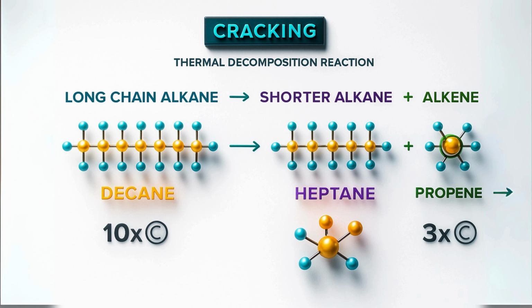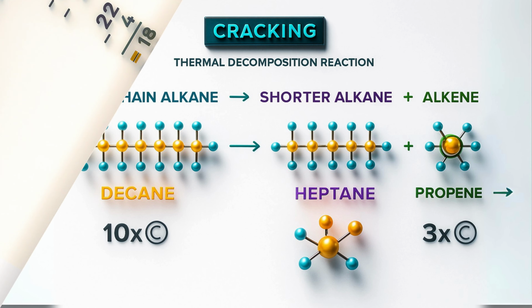Therefore, the second product must contain a double bond, which makes it an alkene, not an alkane. Although alkenes may seem like side products, they are actually extremely valuable. Alkenes are used to produce polymers like plastics and also serve as starting materials for the manufacture of many other important chemicals.